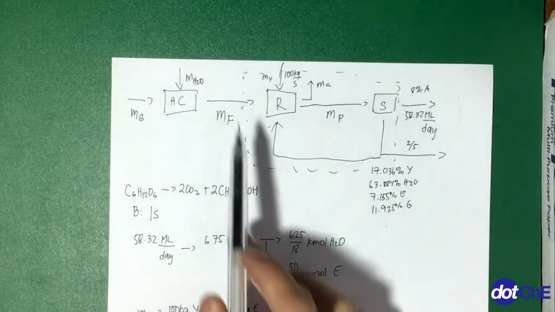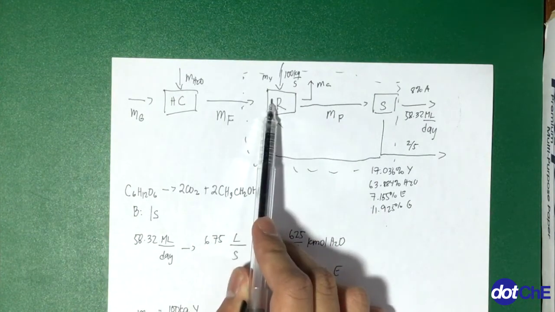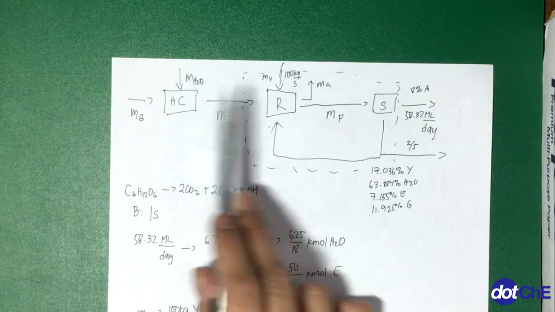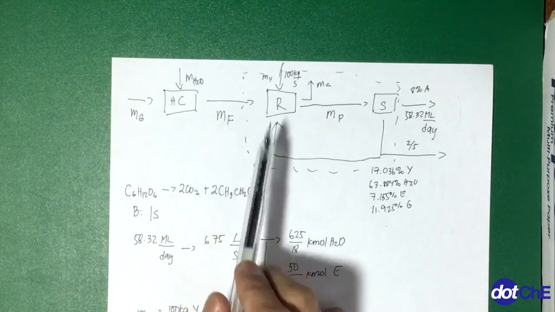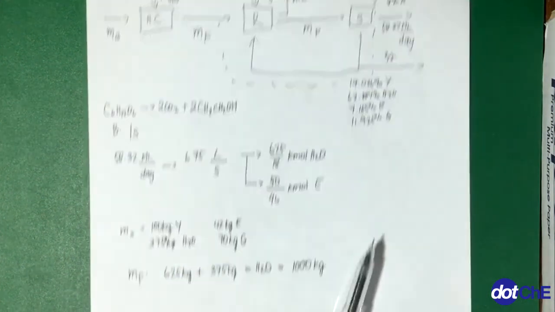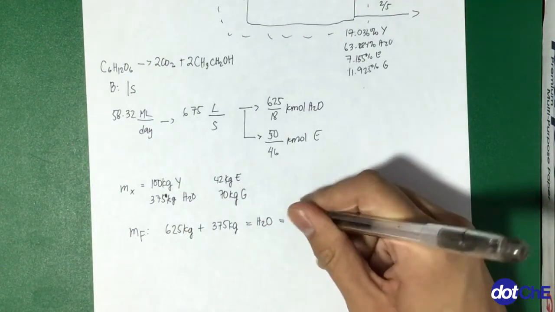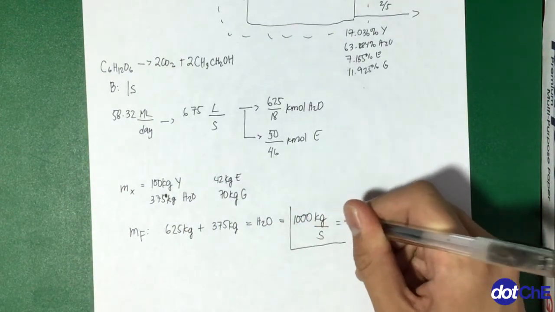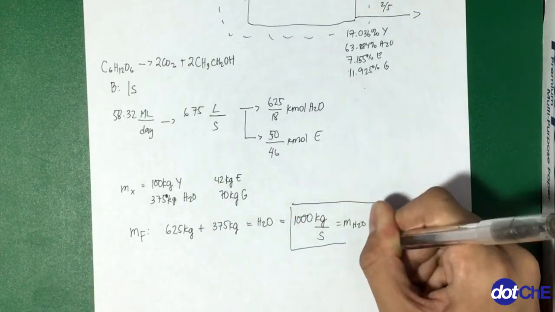Now we know that the mass of water going into this system is equal to its source, which is the mass of H2O here. So from this analysis, we could now get the mass flow rate of water, which is 1,000 kilograms per second. So this is the mass flow rate for H2O.